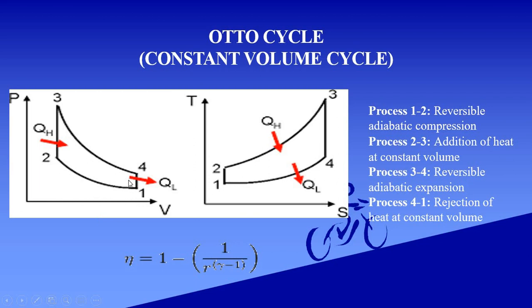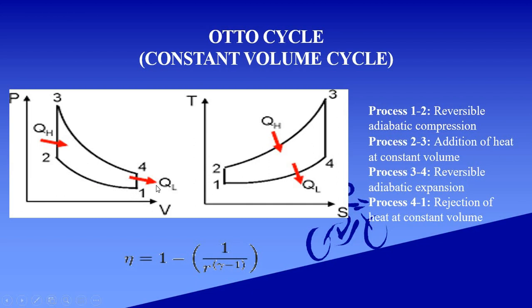If you subtract this area, you will get the area of 1, 2, 3, 4. So that is P3 V3 minus P4 V4 by gamma minus 1. So this is the work done for the adiabatic process, and you subtract the adiabatic work done during 1 to 2, that is P2 V2 minus P1 V1 by gamma minus 1.